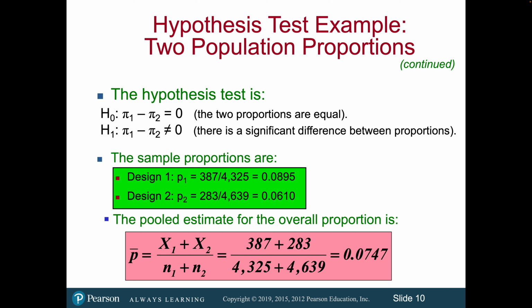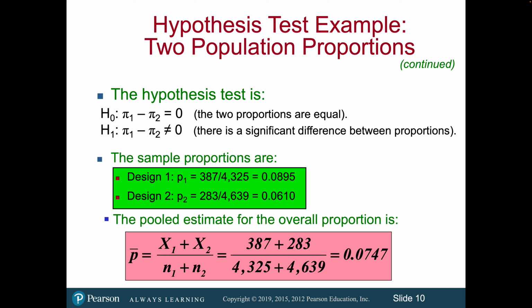Well, hypotheses: pi1 minus pi2 equals 0. That's telling us that the proportions are equal. The alternative hypothesis is we're testing that they are not equal. So the sample proportions: design 1, it looks like about 8.95% signed up. Design 2, it looked like about 6.1%.